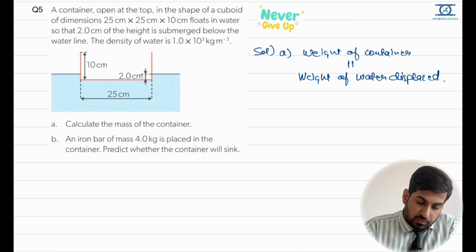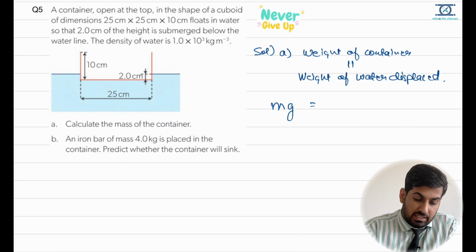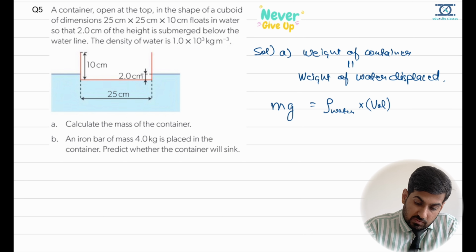This is nothing but the Archimedes principle. So the weight of the container, mass of the container times g, will be equal to the weight of the water displaced, which is density of water times volume displaced times g. This g and this g get cancelled.